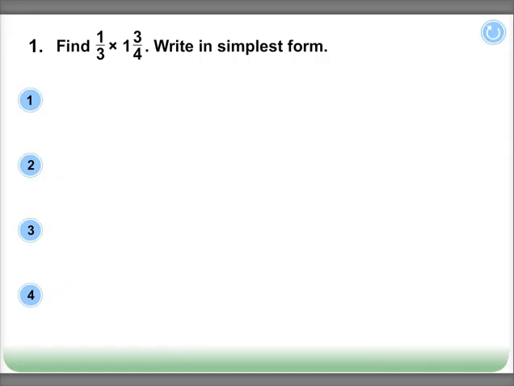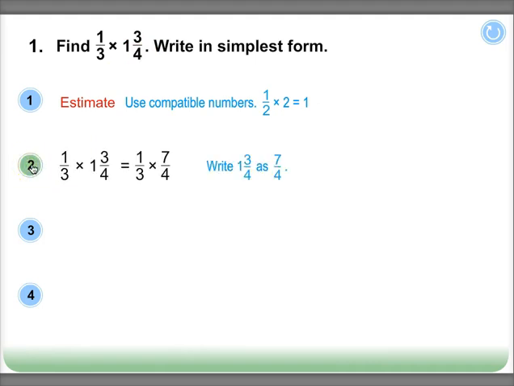So now let's look at some examples. First, find 1/3 times 1 and 3/4. Write in simplest form. If we estimate using compatible numbers, 1/3 is close to 1/2, and 1 and 3/4 is close to 2. So it's going to be about 1. We have to write 1 and 3/4 as 7/4. 4 times 1 is 4, plus 3 is 7.